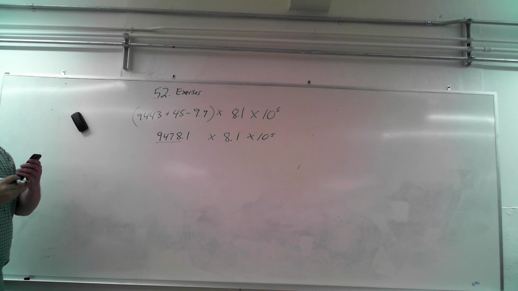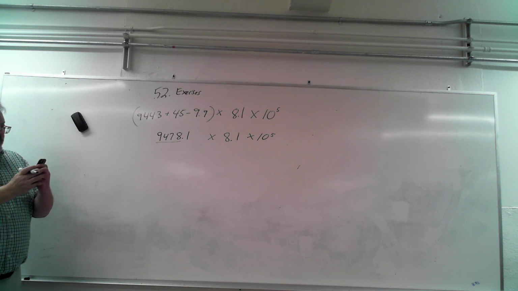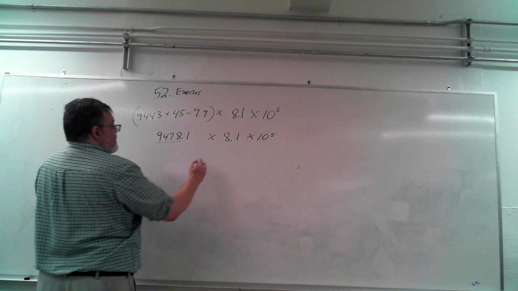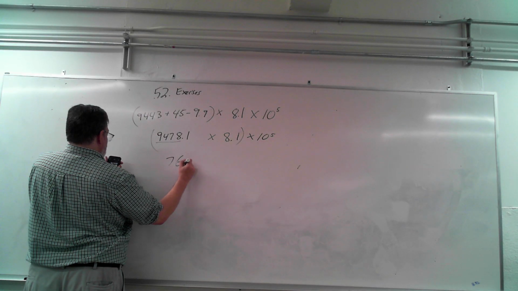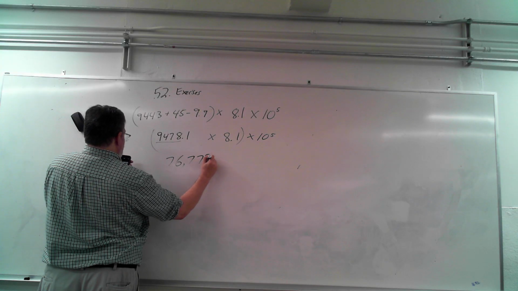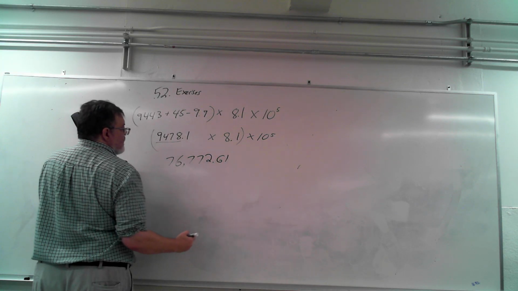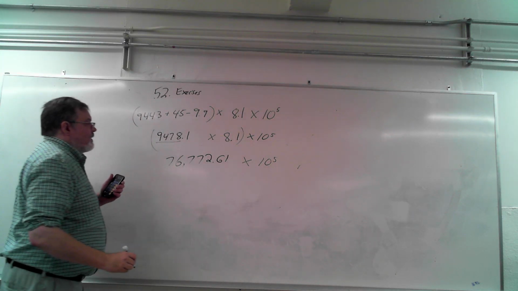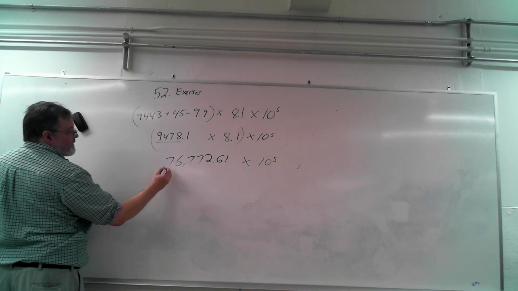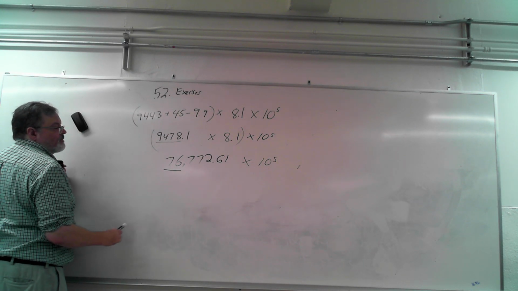I'm going to ignore the 10 to the 5 right now and go times 8.1. So this much gives me, it's 2 significant figures, so it's that because of these 2.